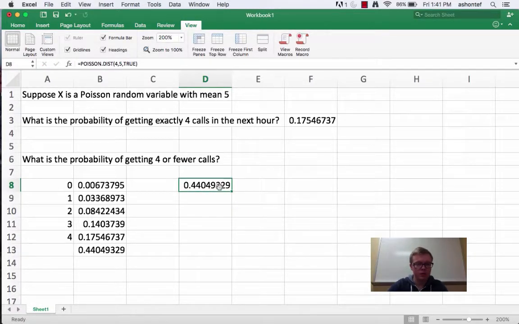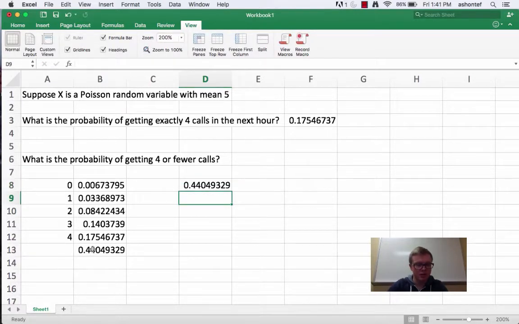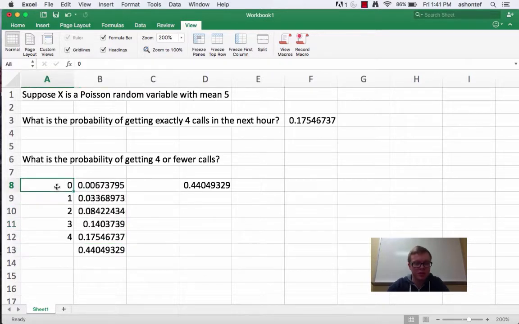And there we go, we get the same answer as we get by summing up these individual probabilities. Note that this works because the Poisson distribution can only take on non-negative integer values, so these are all of the possible values that are 4 or less.